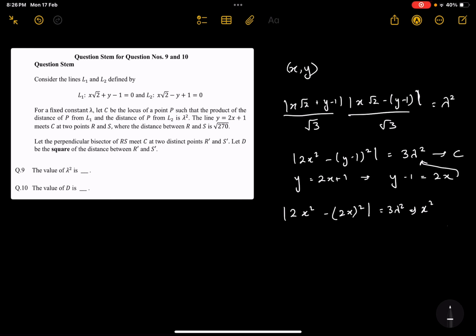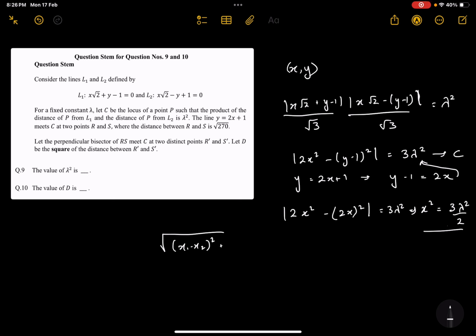x square equals 3 lambda square by 2. So the distance between R and S would be under root (x1 minus x2) squared plus (y1 minus y2) squared.